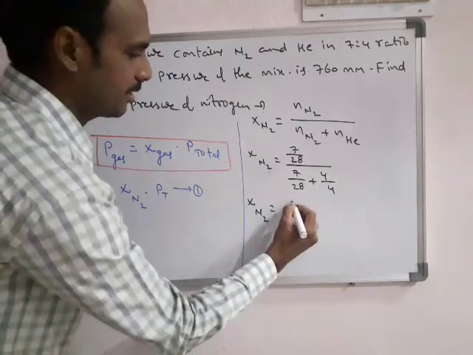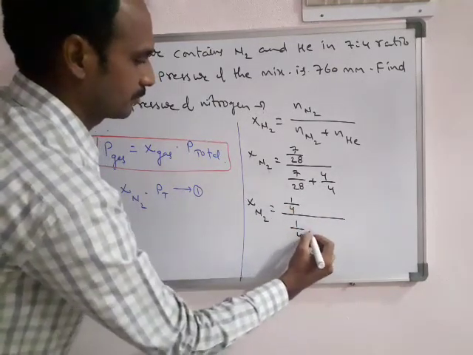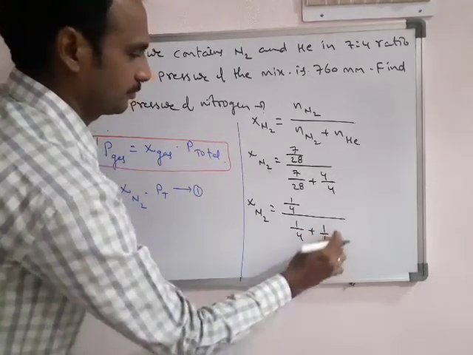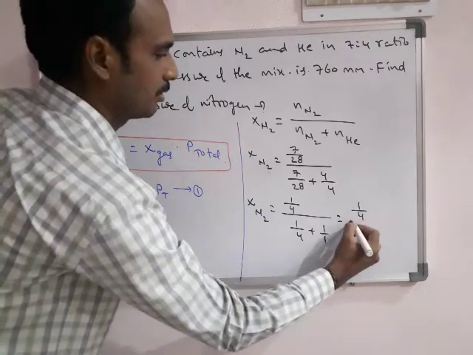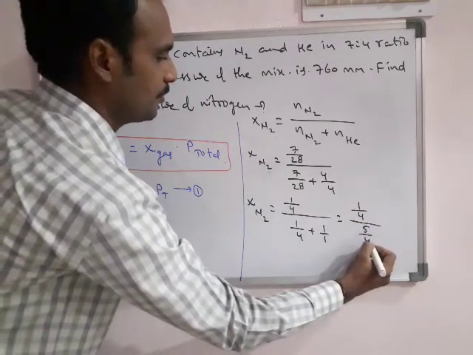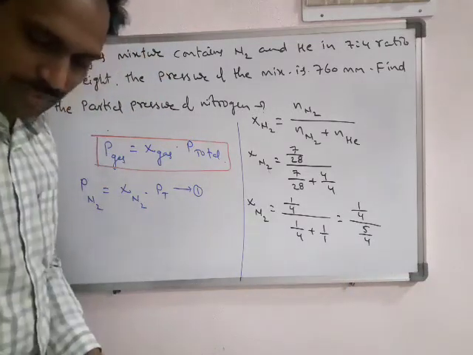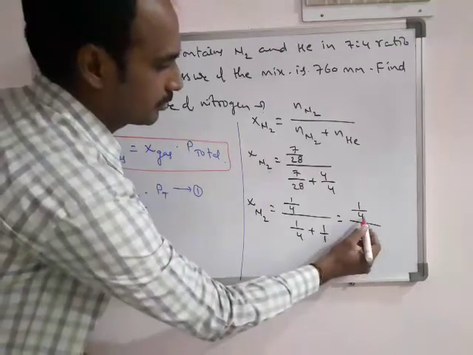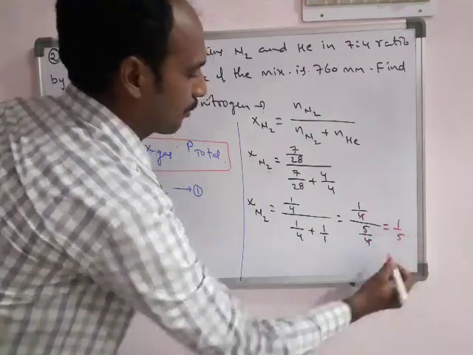So this cancels. Here you will get 1 by 4, plus 1, which is 5 by 4. On cancellation, the 4 gets cancelled. It becomes 1 by 5.